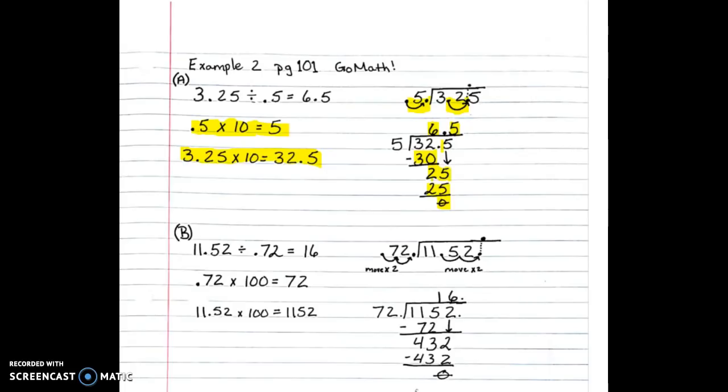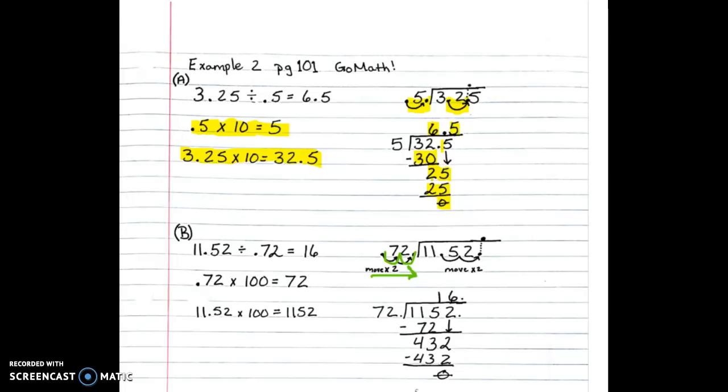All right, let's look at example B. We have 11 52/100ths divided by 72/100ths. In this one, we move our decimal from the left to the right 2 times. So we move it 1, 2 times to make that divisor a whole number of 72.